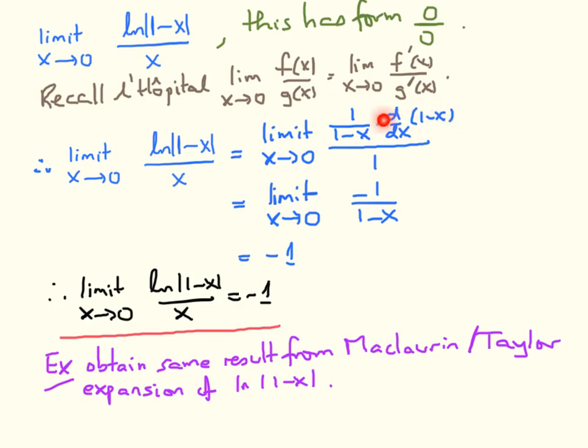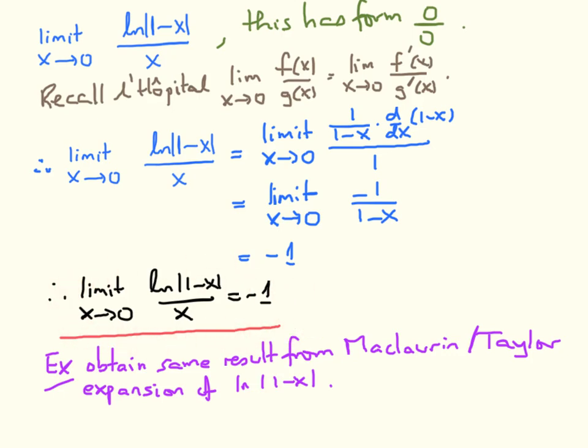This is going to be minus 1 multiplied by 1 over 1 minus x, so that's minus 1 over 1 minus x, and the derivative of x is just 1, so in some sense this is all over 1, but that's the same thing. So we're interested in the limit as x goes to 0 of this, and as x goes to 0 we have minus 1 over 1, so we get minus 1. So this is the limit of that function.